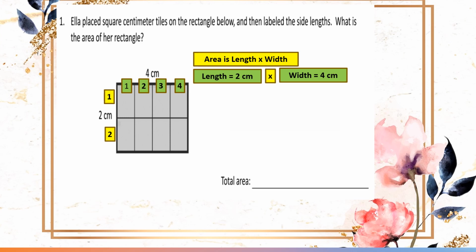And we know that 2 times 4 is 8. Now, you could have also figured that out by just counting the squares.